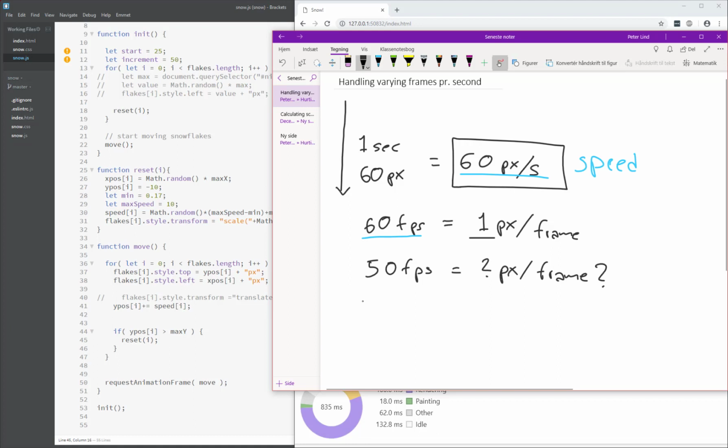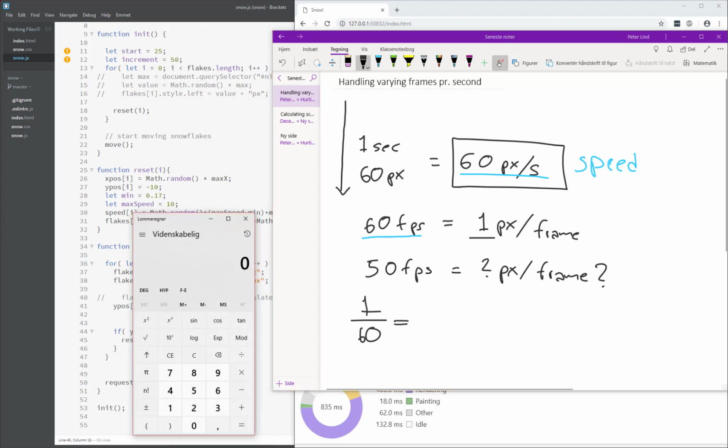So that would be 1 second divided by 60 frames. That would be 1 divided by 60, 0.1666 and so on seconds. That would be our time.